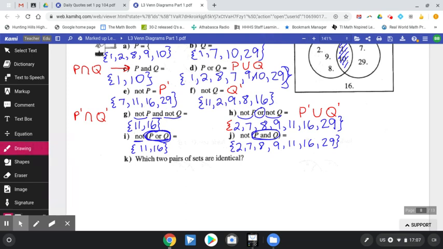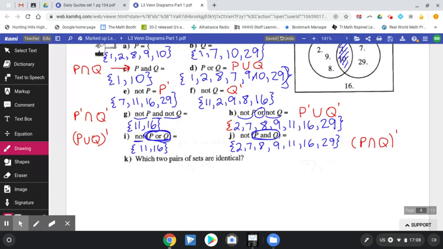So for I, if I was doing not P or Q, I'd have to put the P or Q in brackets and the not on the outside. And for J, P and Q in brackets, so P intersect Q and the not on the outside.